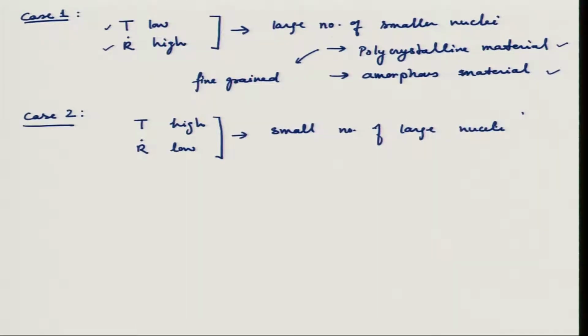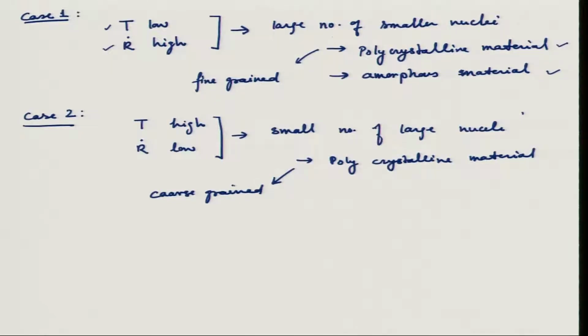Again, it may result in a polycrystalline material, but this polycrystalline material will be very coarse grained, because you have only a small number of these nuclei. Each nucleus has a preferred crystal orientation, but only these are growing.